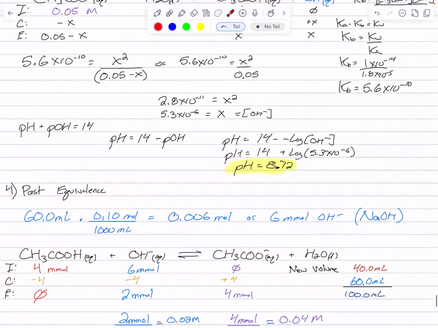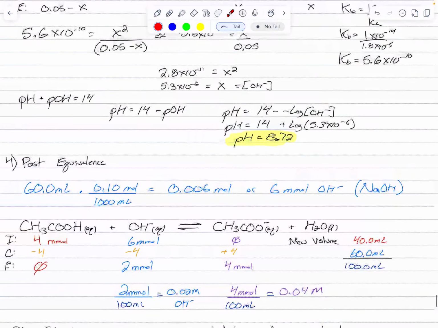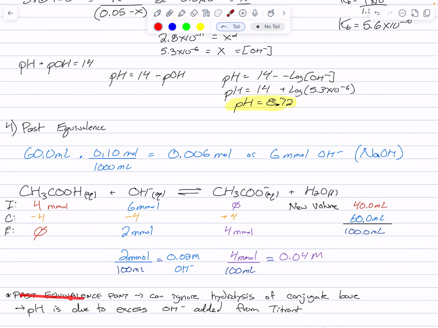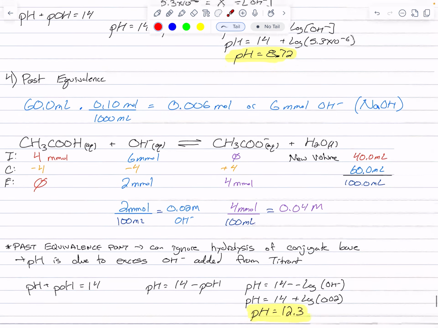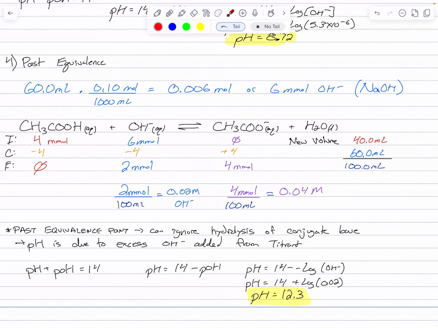Past equivalence, we can ignore hydrolysis. All right? So past equivalence, we can ignore the hydrolysis. It's only due to this excess base, because this 0.04 molar does not contribute enough. It contributes, but not measurably. All right? Okay? And so we just did the same pH, just like a strong base, and got 12.3.